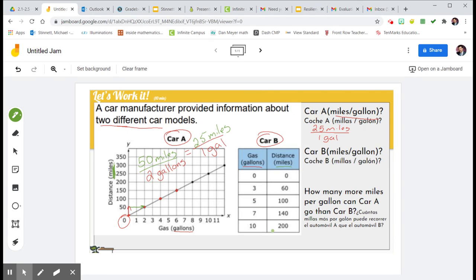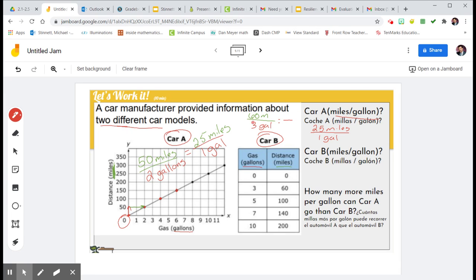So there's a few numbers in here that I can look at pretty quickly and know exactly how many miles I can go on 1 gallon. And I would say for me, I'd look down here at this one and see what's happening. And there's a lot of different ways you can work through this problem. One way is this. I could say, okay, I go 60 miles and I have to use 3 gallons. So if I go 60 miles, I'll just write an M. I have to use 3 gallons of gas, right?